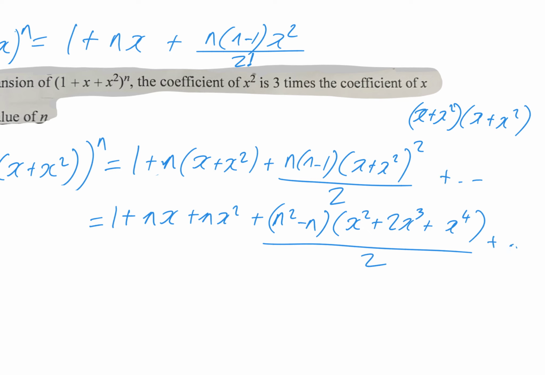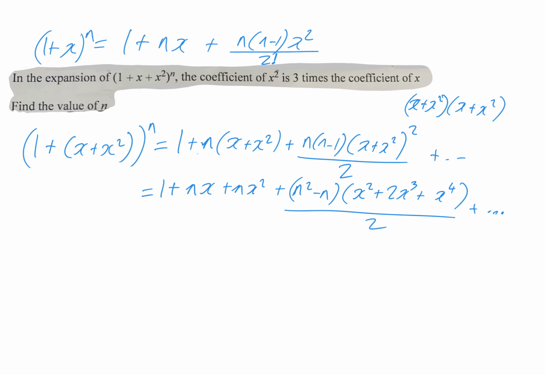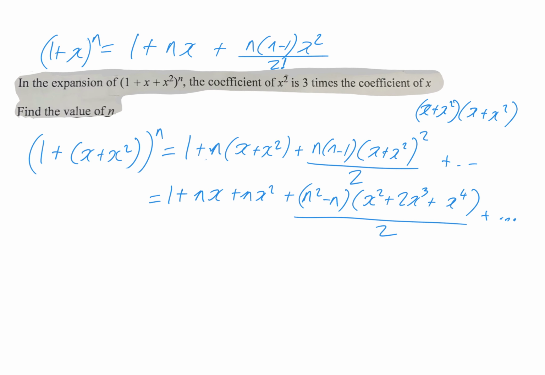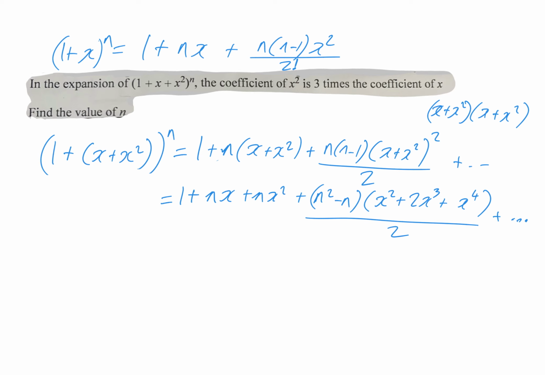Now we have to be smart about this. It says the coefficient of x squared is 3 times the coefficient of x. Find the value of n. We need to find the coefficient of x and the coefficient of x squared. Anything of powers of x cubed and higher, we can ignore, which makes life an awful lot easier.